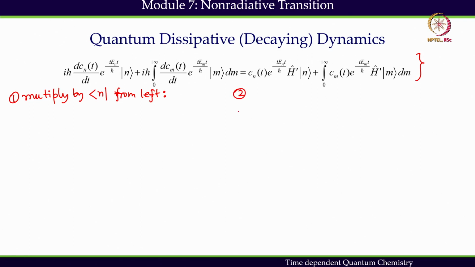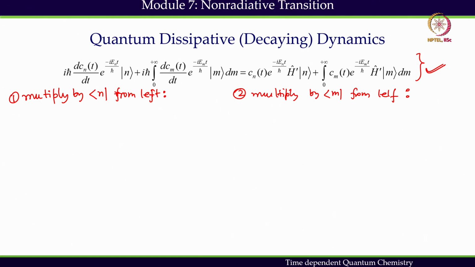Then the same equation we will multiply by the complex conjugate of m from the left. These are the two mathematical tricks we will use, and this is something which we haven't done in time dependent perturbation theory. There, we haven't tried to obtain the coupled differential equations which we are trying to do here. But up to this point, the derivation steps are quite similar to what we have used in time dependent perturbation theory.